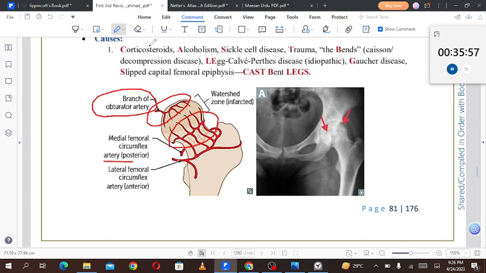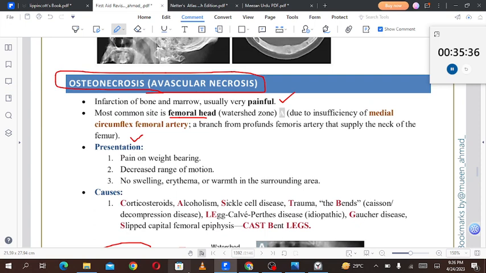In between these two areas is the watershed zone. If there is any decrease in blood supply, maybe due to a fracture in this area or some other reason, such as hypovolemia, watershed areas are the areas most affected by hypovolemic shock or any kind of hemodynamic stress. That is why this area in the head of the femur will undergo avascular necrosis. Presentation.